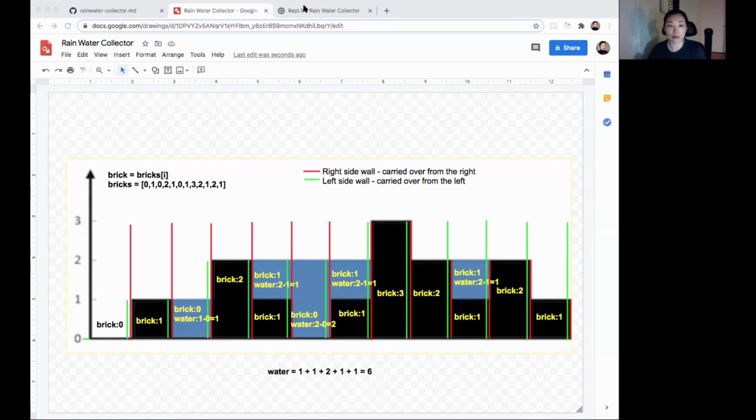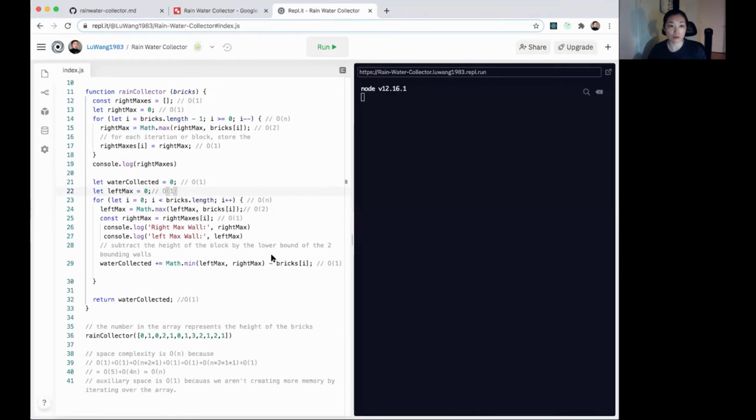To implement that in function, the function takes an array of bricks. We iterate through the array backwards. For each iteration, we pick the higher number between adjacent bricks, store that in a variable called right max, and then store that value in the array called right maxes. Then we iterate through the array from the front. This time, we pick the higher number between adjacent bricks and store that value in a variable called left max.